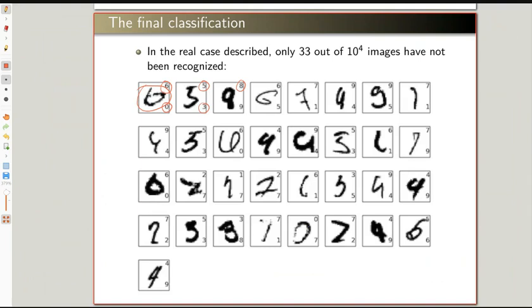The number was an 8, but the neural network said a 9, and I think this is a 9. Okay, this was a 7, and the neural network said 1. Okay, just to understand that such a neural network can make mistakes that, I mean, a human would also make, I think.